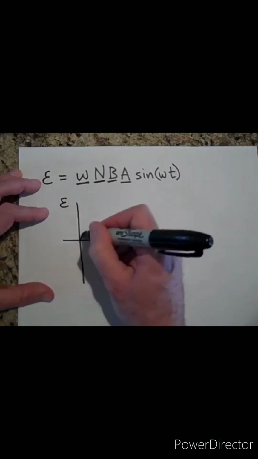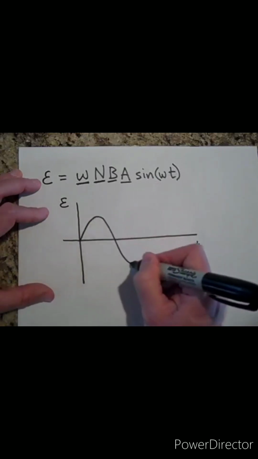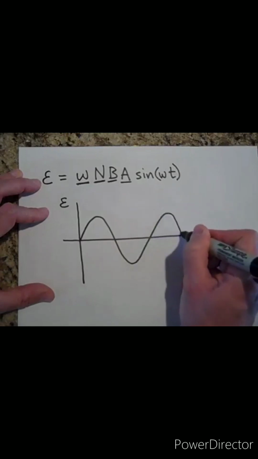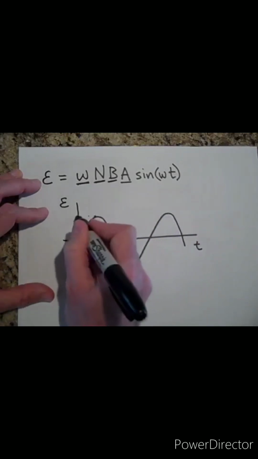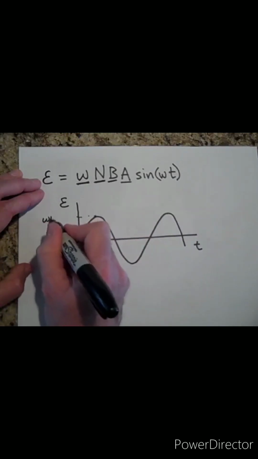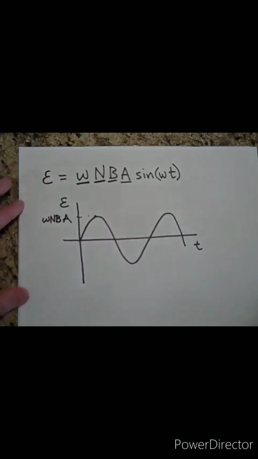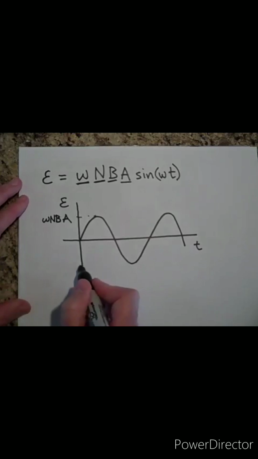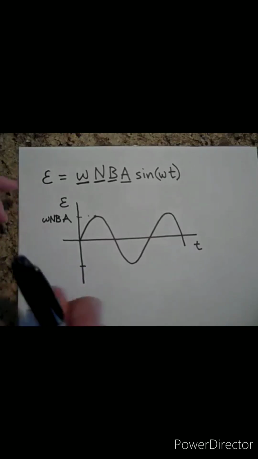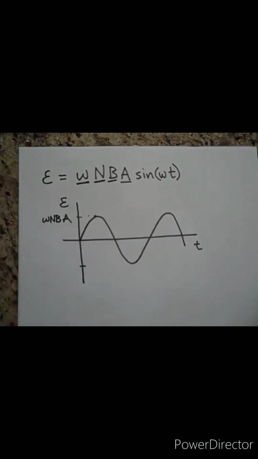If I have a plot of EMF versus time, it's a sine wave, so it's just going to look something like this. The maximum is going to be WNBA, and the minimum will be negative WNBA.